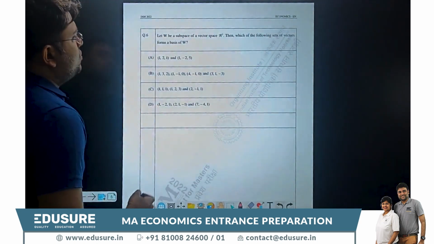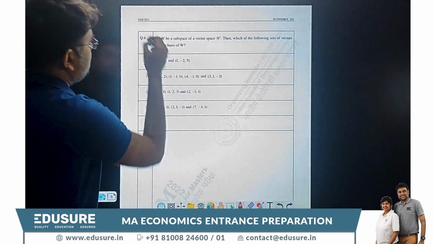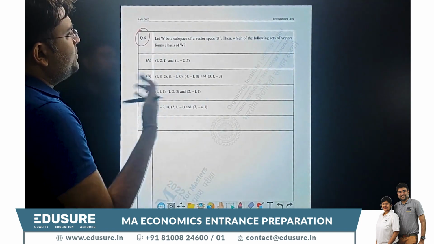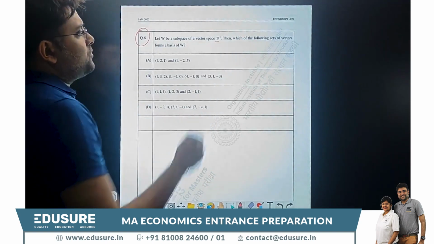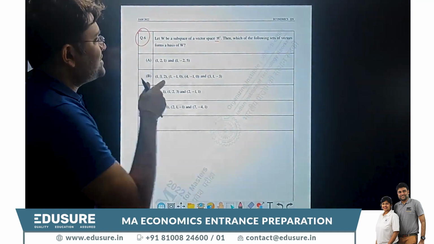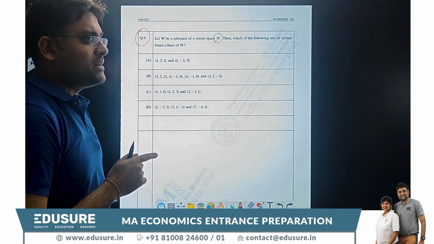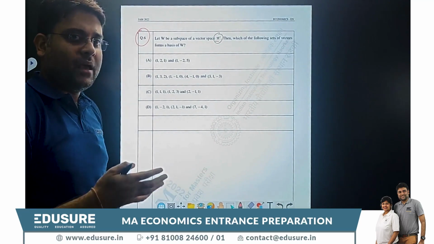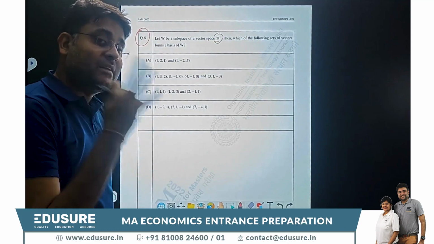JAM 22, question number 6. Let W be a subspace of a vector space in R cube, then which of the following sets of vectors forms the basis of W? So W is a subspace of R cube. R cube का subspace में basis will only be 3-dimension vectors and exactly 3 vectors.